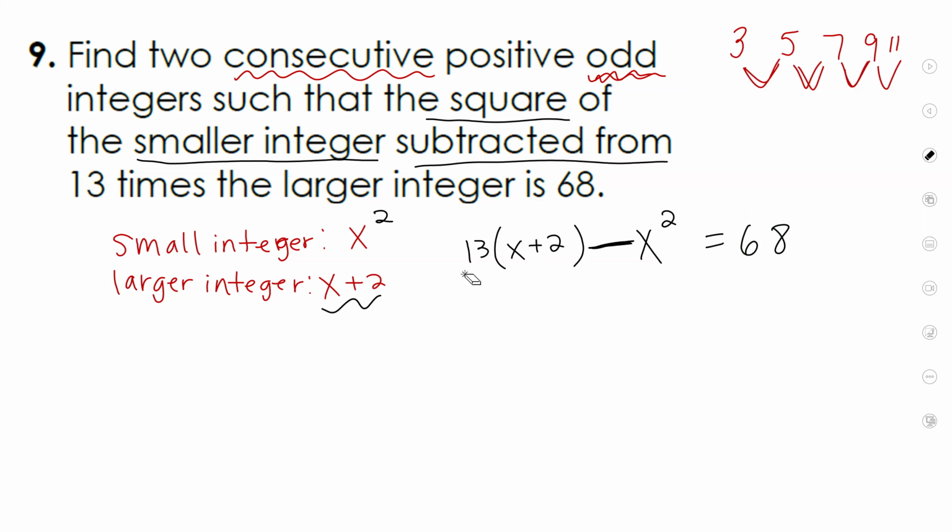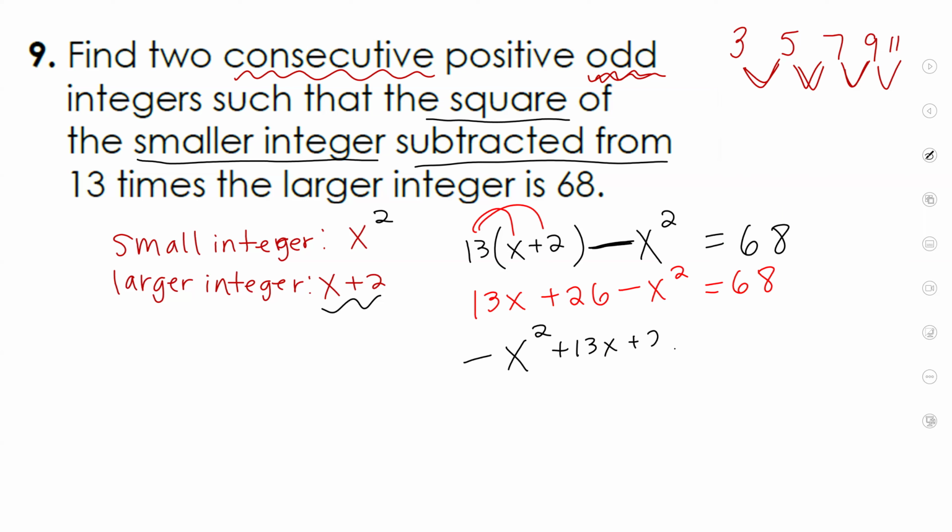Okay, now you solve. So this is 13x plus 26 minus x squared equals 68. I'm just going to put this in order, guys. The negative x squared should come first, then the 13x, then the 26. And I can move this over here.